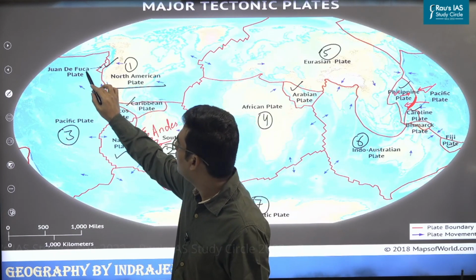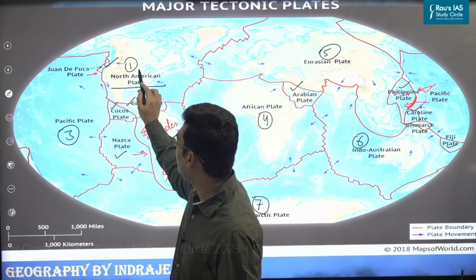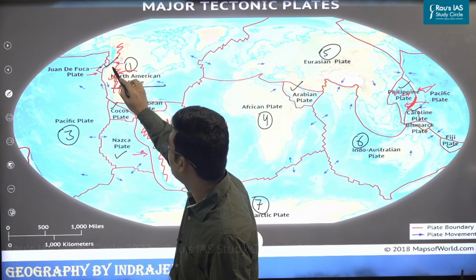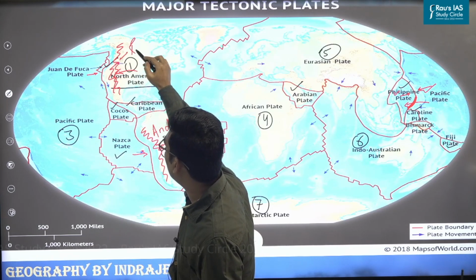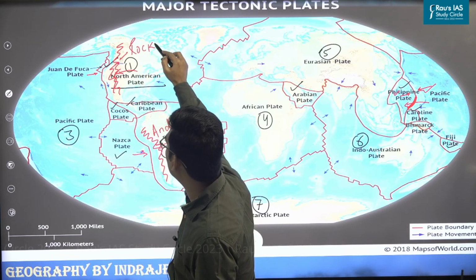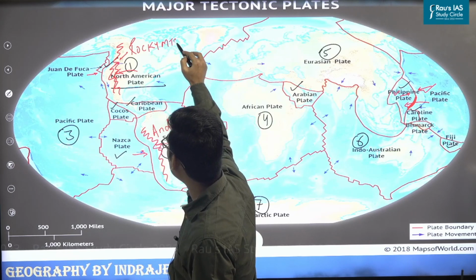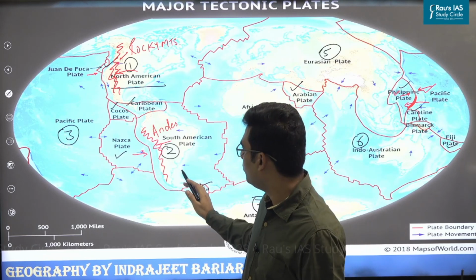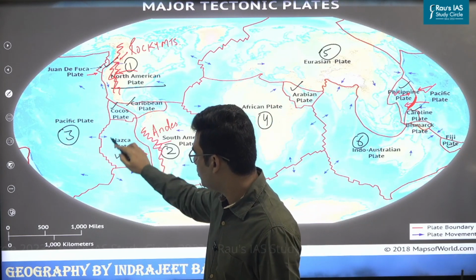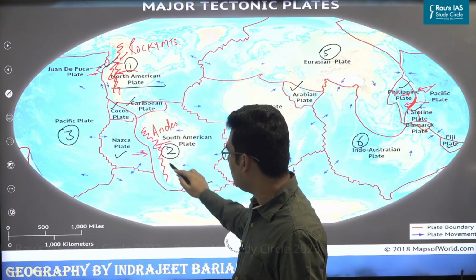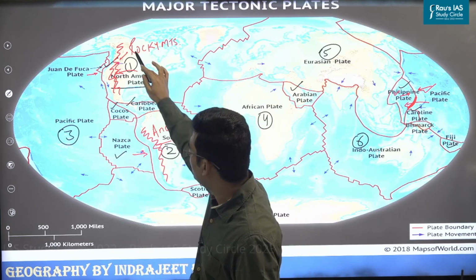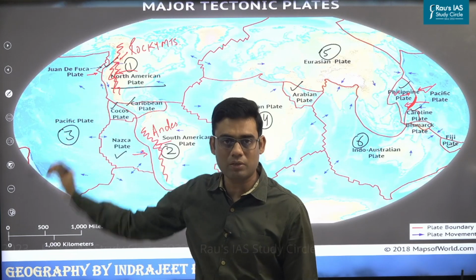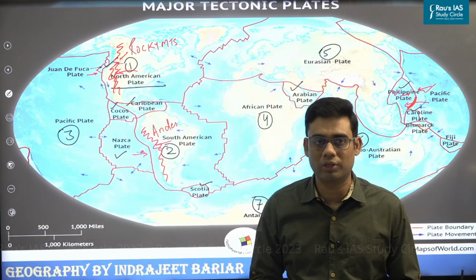Similar to that, the Pacific plate and North American plate converging has led to formation of again fold mountain ranges, that are the Rocky Mountains. These are the fold mountains that have been formed due to OC-CC. You can see oceanic crust, Nazca plate, continental crust, South American plate. Similarly, continental crust of North American plate, oceanic crust of Pacific plate, OC-CC convergence.